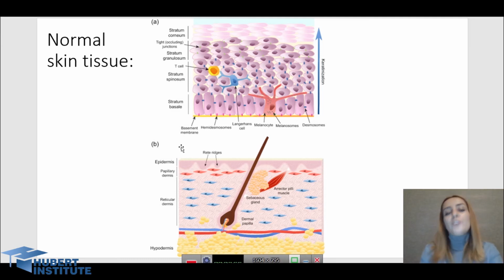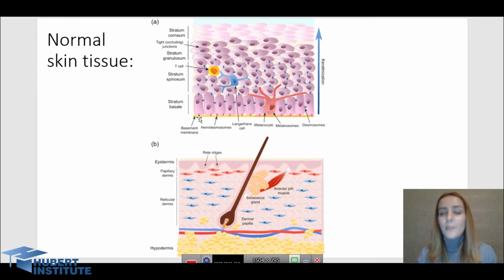Today, we want to talk more about the epidermis. This is the structure of the epidermis. Most parts of our body's epidermis look like this. First, I can mention the basement membrane.